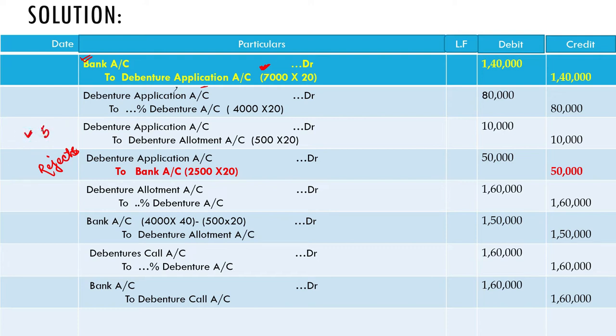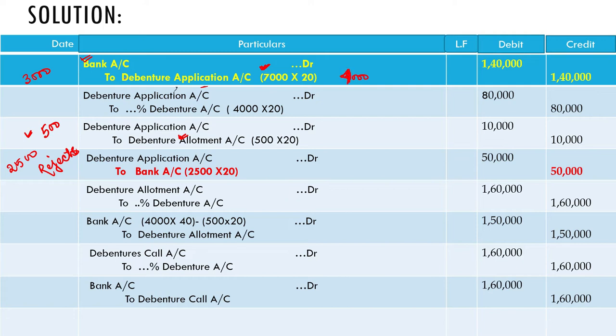So for 500 the company has accepted and utilized for allotment, and the rest 2,500 the company has rejected out of the extra 3,000 debentures, because the company received the money of 7,000 debentures, whereas it had to issue only 4,000 debentures.